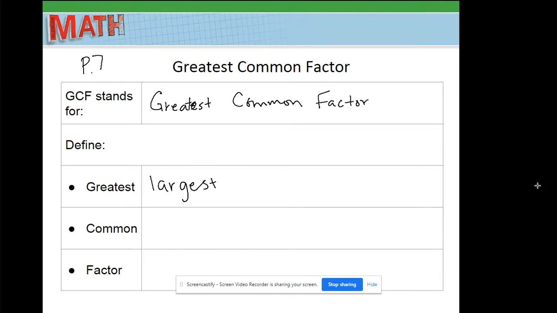Greatest, or biggest. Common of greatest common factor is the same, so same number. And factor means a number that is multiplied by another number.